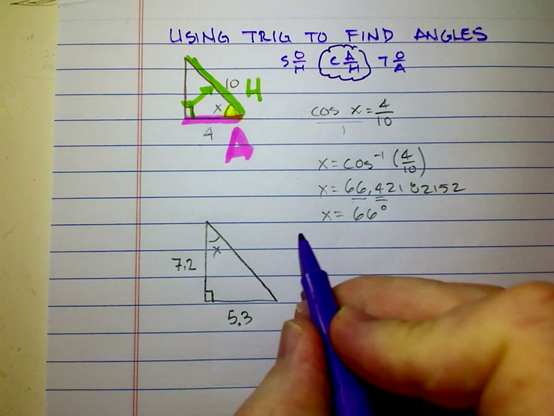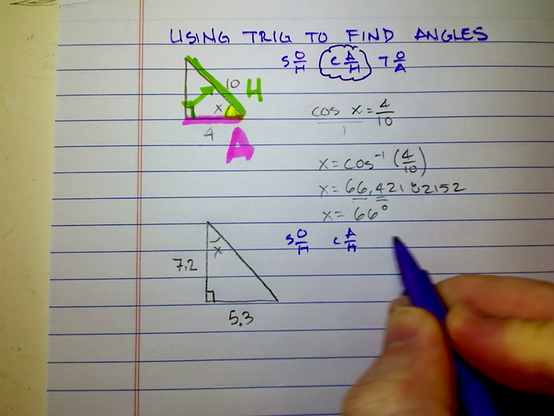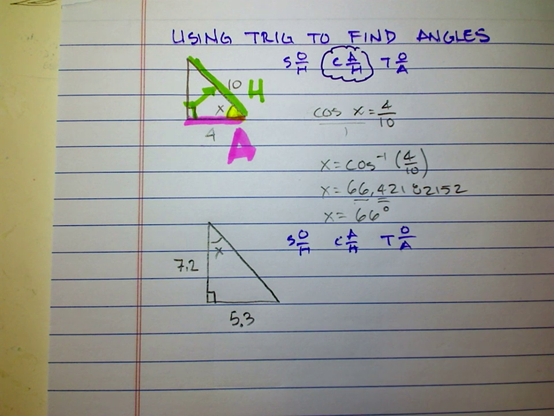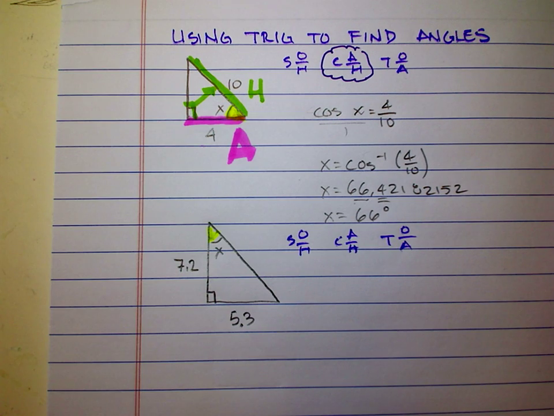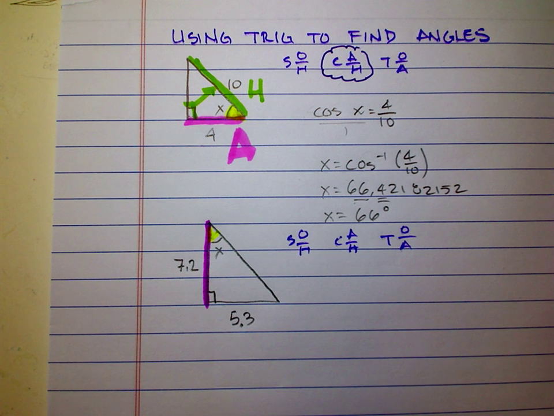Steps again start with recognizing that we're going to have to use the trig ratios, so SOHCAHTOA. Next, we'll identify the angle that we know. In this case, the angle is the x, and we're going to look at the side that's right next to it or adjacent to it.